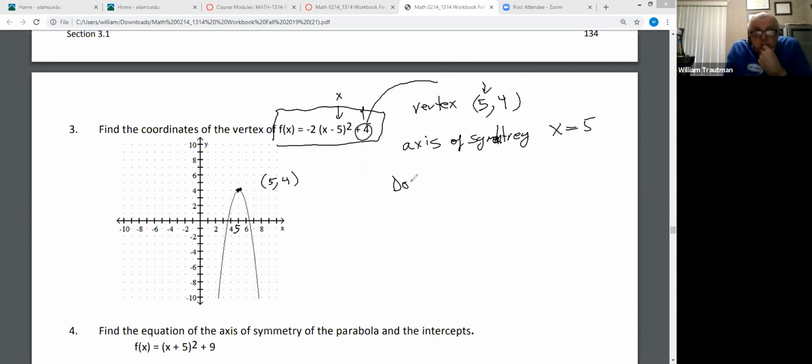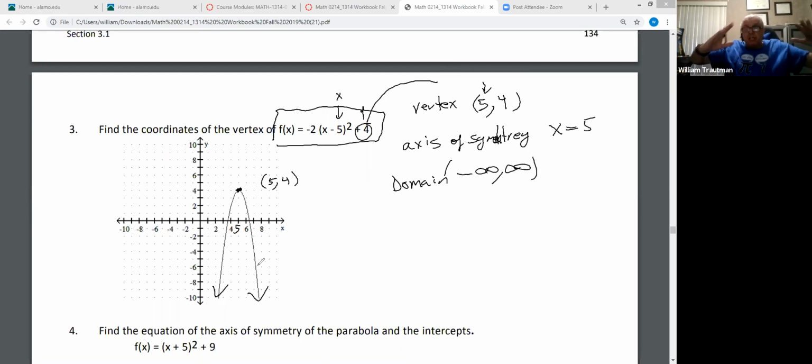Domain, I'm just going to go over the domain again. Domain for parabolas is always negative infinity to positive infinity. You see this graph goes off and to the left. It's hard to see that, but this graph goes way over here at negative infinity. You just have to go down far enough for it to go to negative infinity that way.